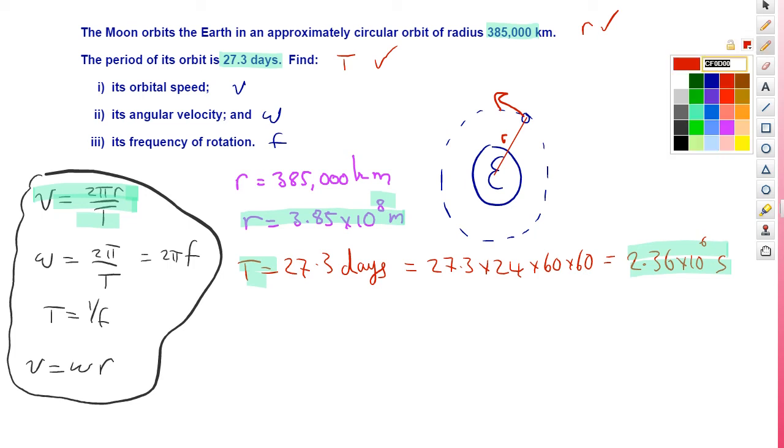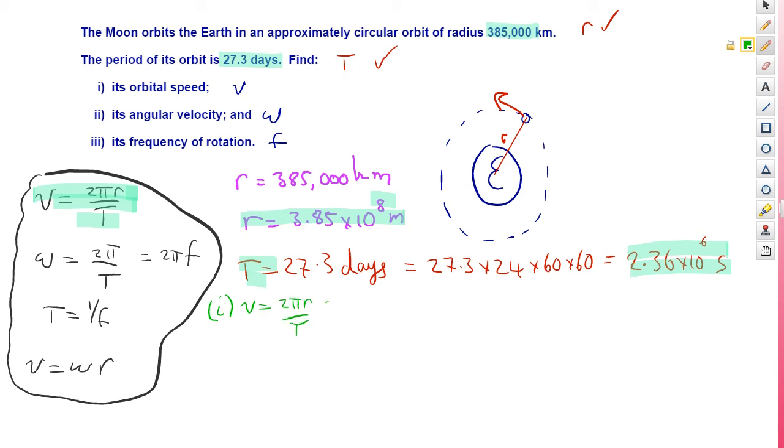So let's do part 1. V equals 2 pi R over T. So we can just plug it all in: 2 times pi times 3.85 times 10 to the 8 divided by 2.36 times 10 to the 6.